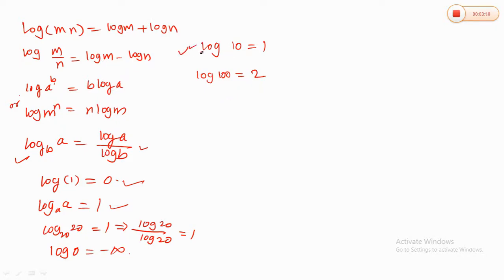So these basic results will help while solving the problems. You must remember all these properties. These are very important, so you have to prepare them as much as possible.